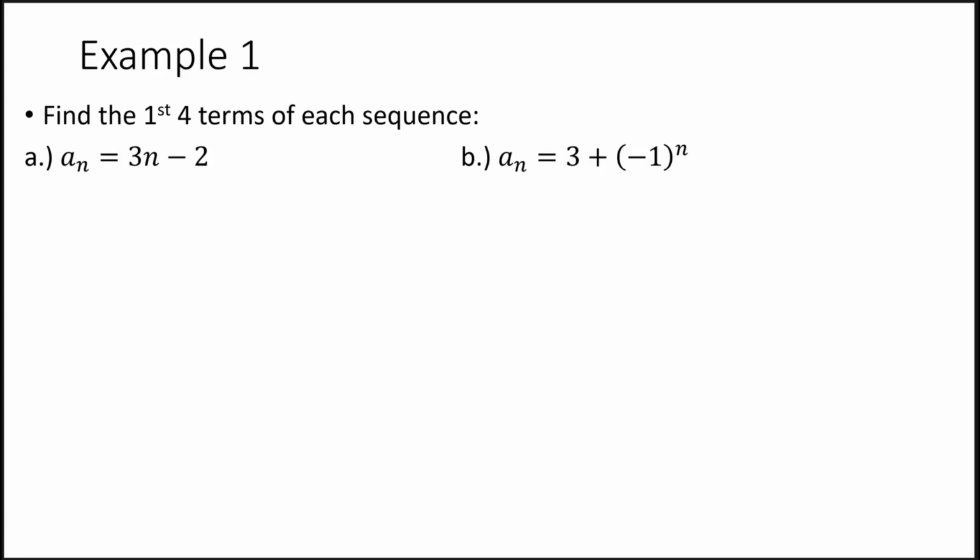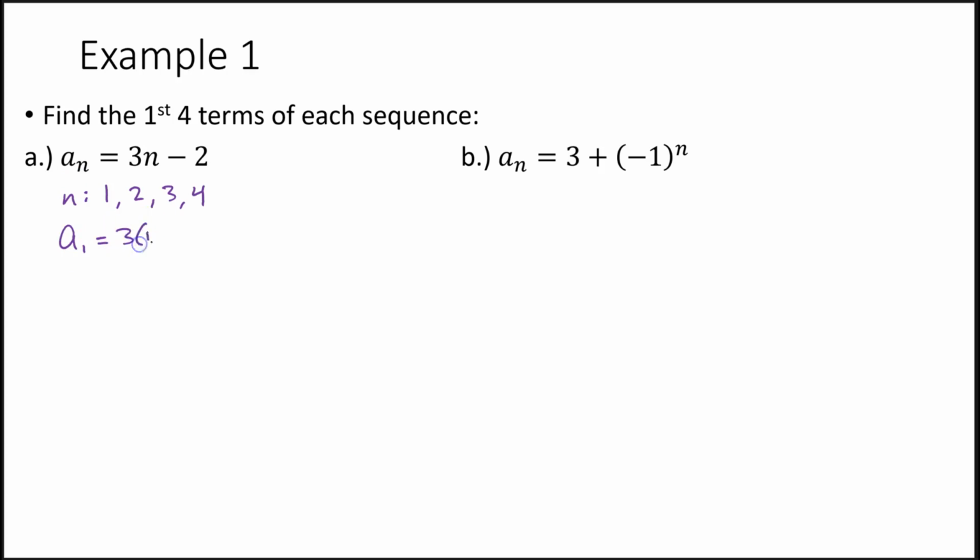So we're going to go ahead and find the first 4 terms of these sequences here. Super easy. Literally all we have to do is just plug in the numbers. Remember, n stands for the number of the term. So if I want to find the first 4 terms, then I'm going to find when n is equal to 1, 2, 3, and 4. So I'm going to find a sub 1.